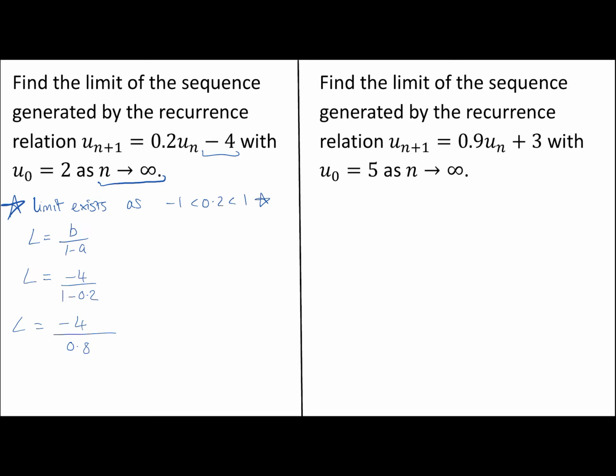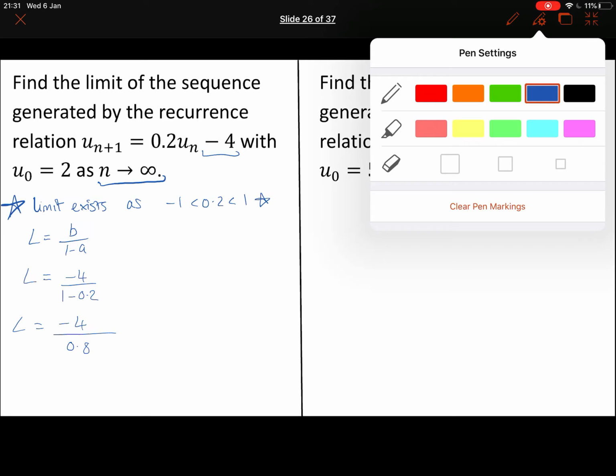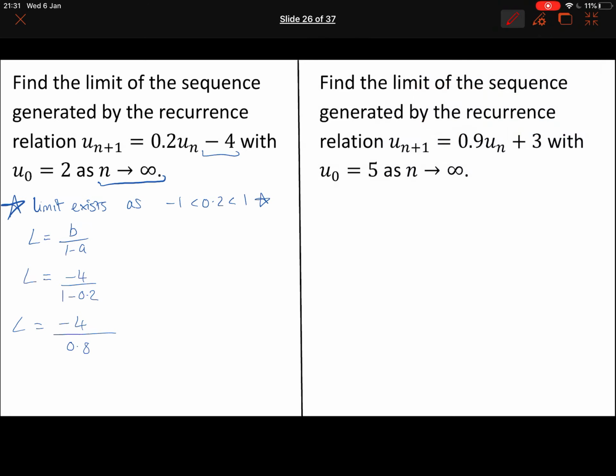Now quite often you can get questions like this in a non-calculator exam, and people tend to get a wee bit stressed when they're dividing by decimals, and they tend to lose marks for this. And there's a simple thing you can do to make this calculation a lot easier. So we've got the limit is equal to negative 4 divided by 0.8. If we make an equivalent fraction here, it makes life so much easier.